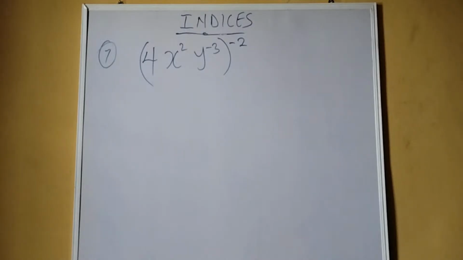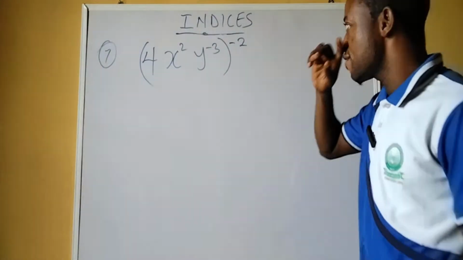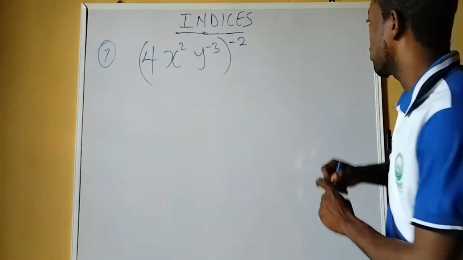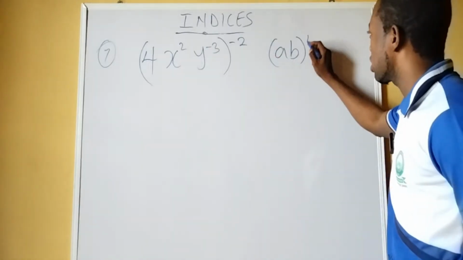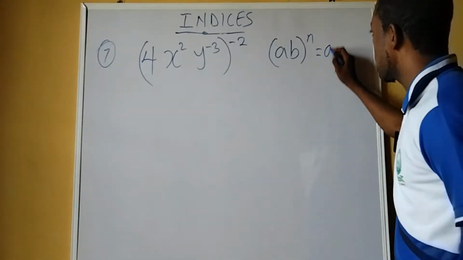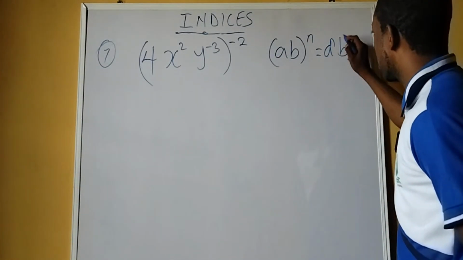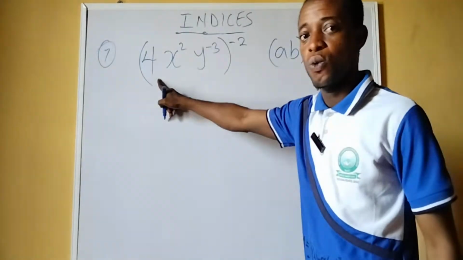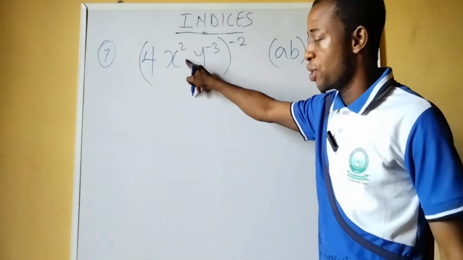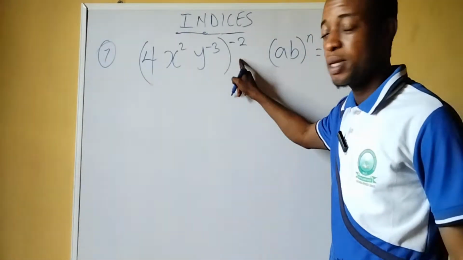This power of minus 2 here is affecting all the terms here, just like the law that we have: a, b, all raised to power n is the same thing as a raised to power n, b raised to power n. So minus 2 here will affect 4, it will affect x squared, and it will affect y raised to power minus 3.